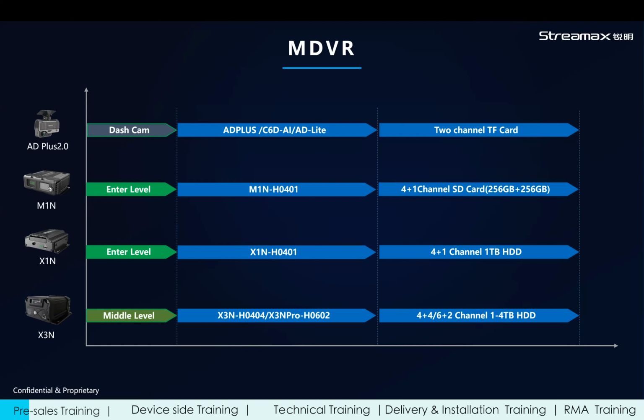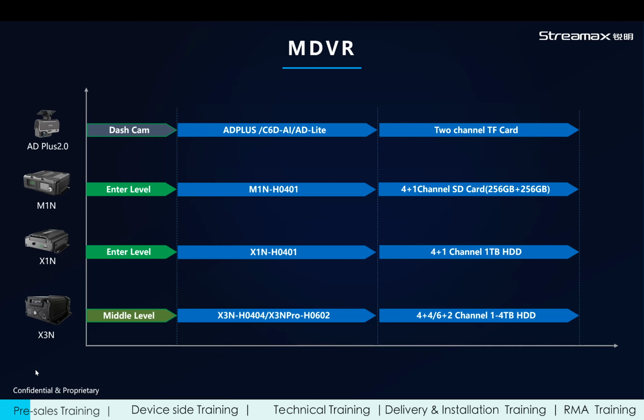The X3N Pro supports the 3.5-inch big hard disk, which means you can have up to 4 TB of storage and longer recording time. X3N supports up to 1 TB of storage, but both of them support a total of 8 channels of recording.